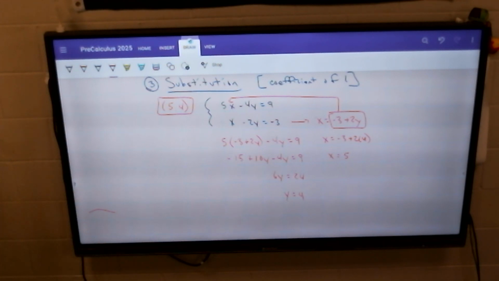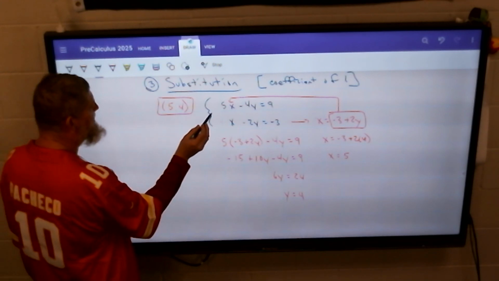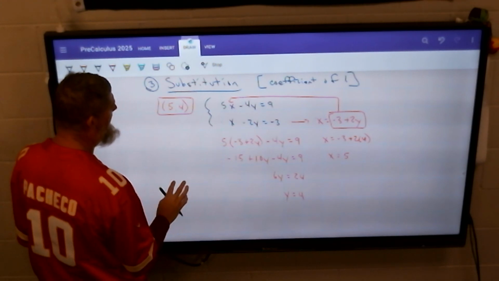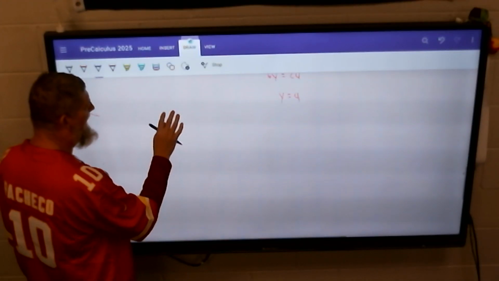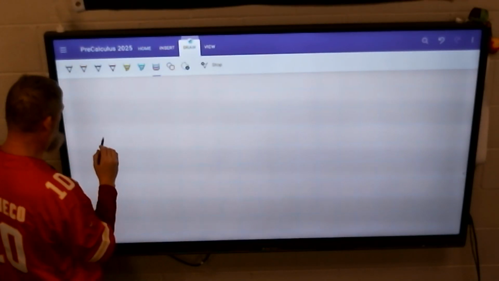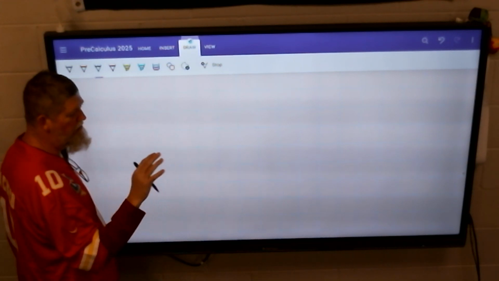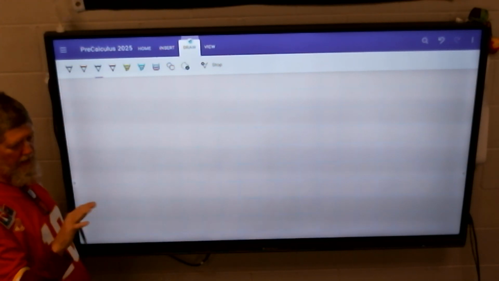Okay, so let's go ahead and jump into my favorite method of solving systems of equations, and that's when there's not a coefficient of 1. On a test or quiz, I never say solve by substitution or solve by elimination.